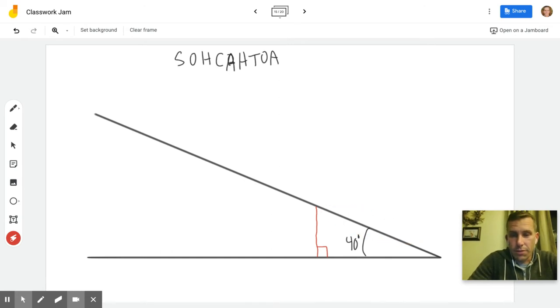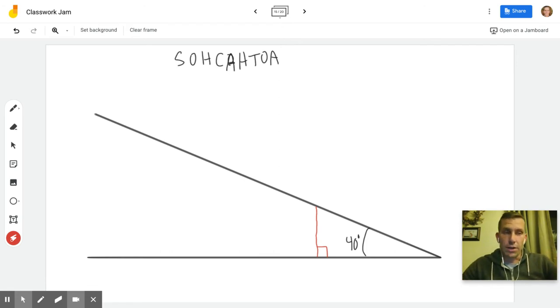Because the further and further out I go from this angle, you can see that this side length increases, like it's getting higher and higher and higher. But also, this hypotenuse is getting longer as I go farther and farther out from this angle. So there's a very specific relationship.